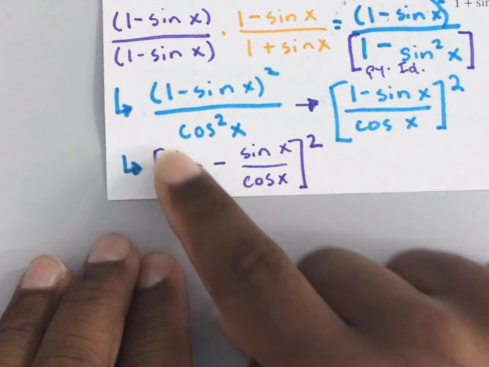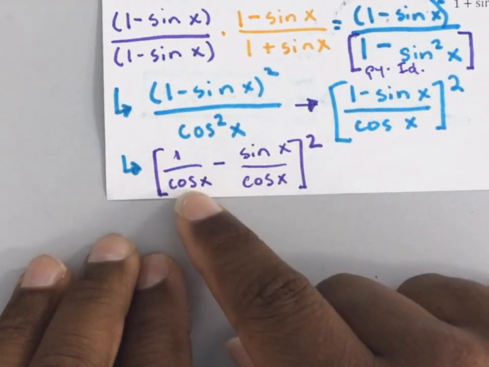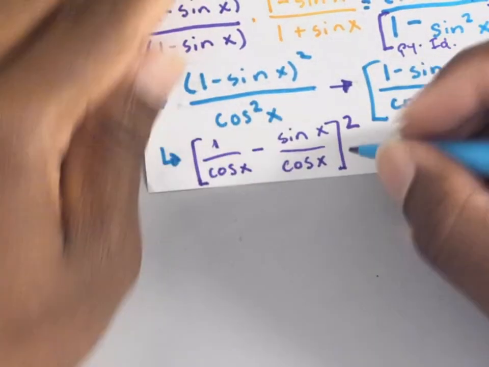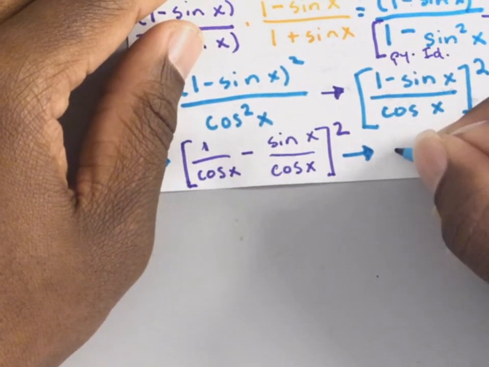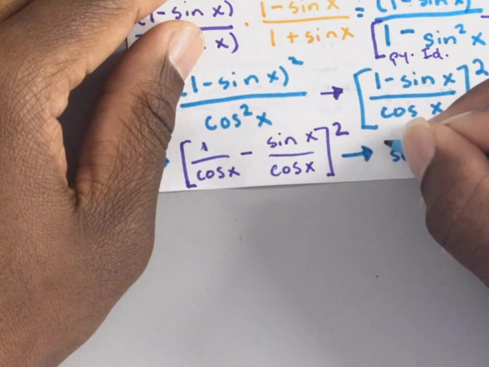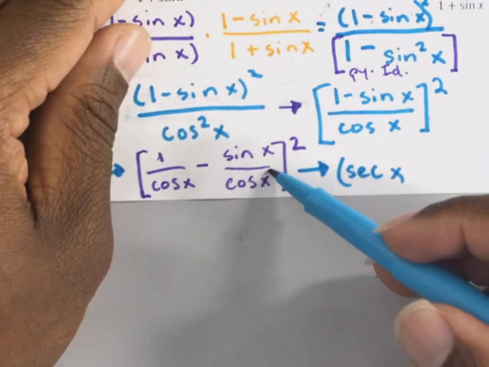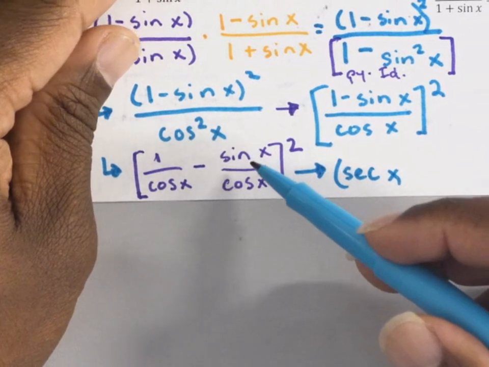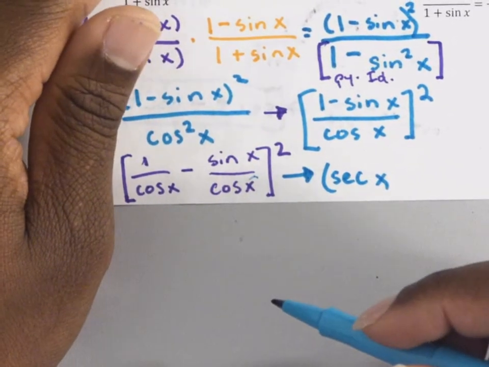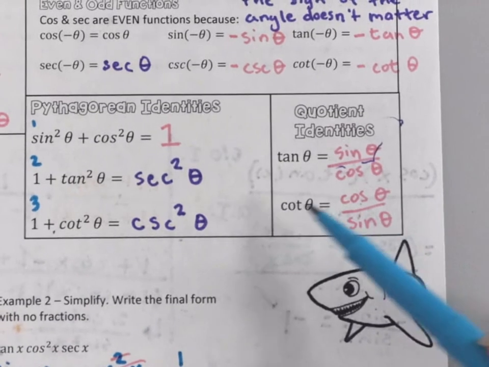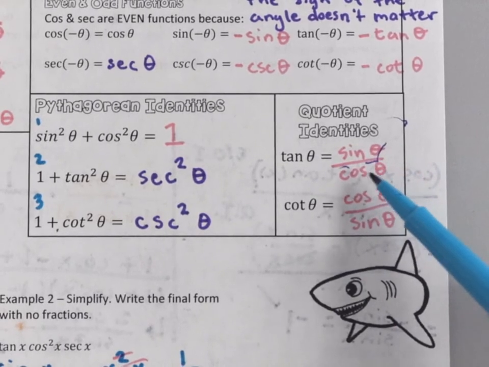We said this one's secant, right? Reciprocal identity. And then what did we say this one would be? Sine's on top. Tangent, just to be clear. Sine goes on top, quotient identity for tangent. All right, there you go.